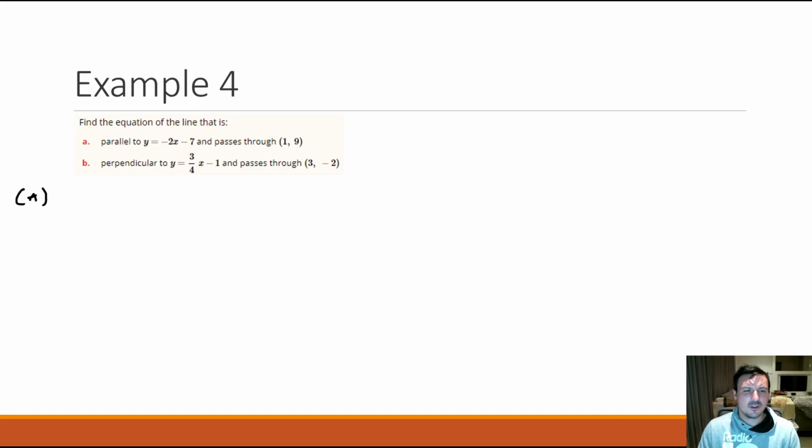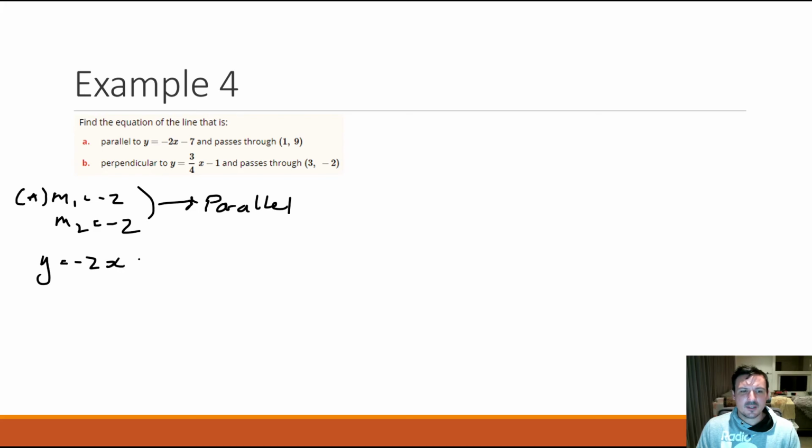So we have m1 equal to -2, which means m2 is equal to -2 because they are parallel. So I have y equals -2x plus c. At least I know that part of the equation. I need to find a value for x and y, which we have right here.